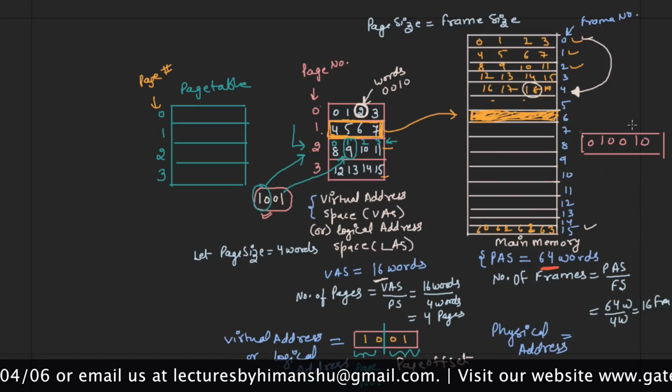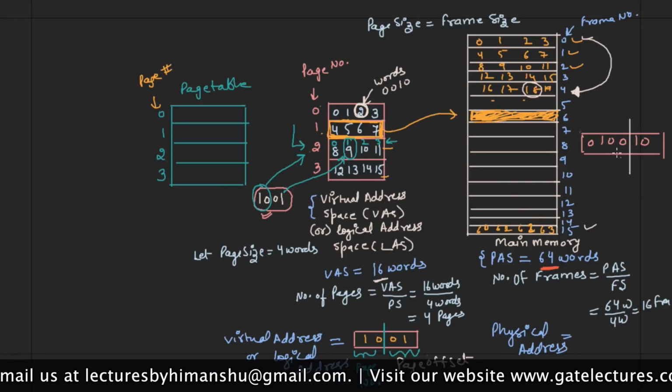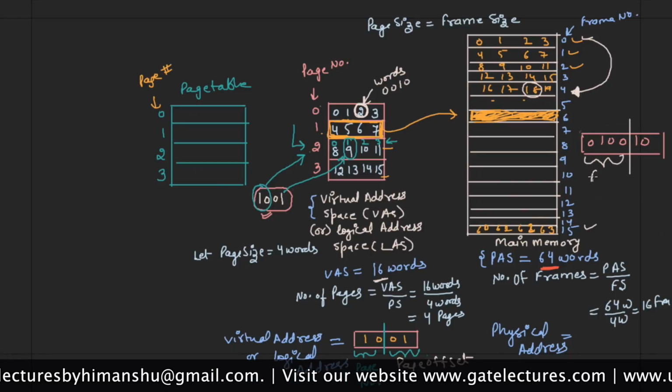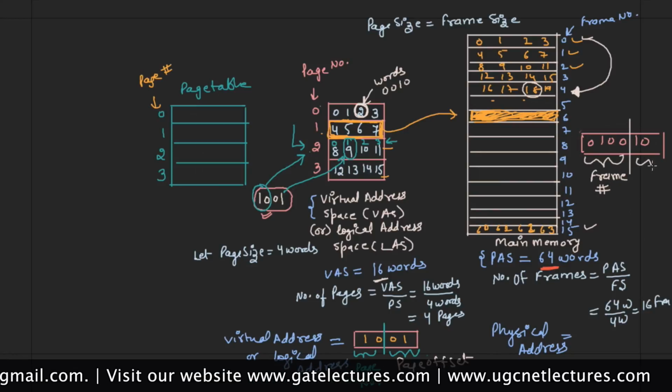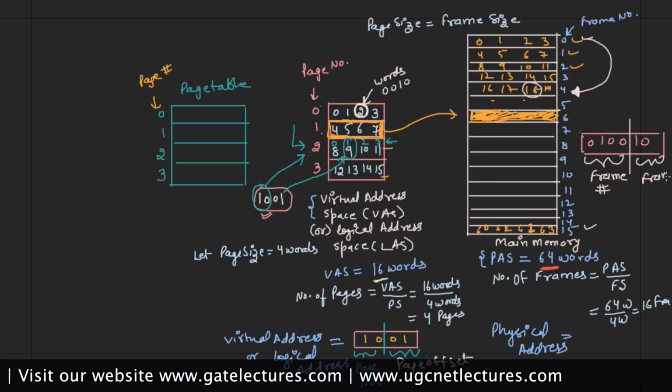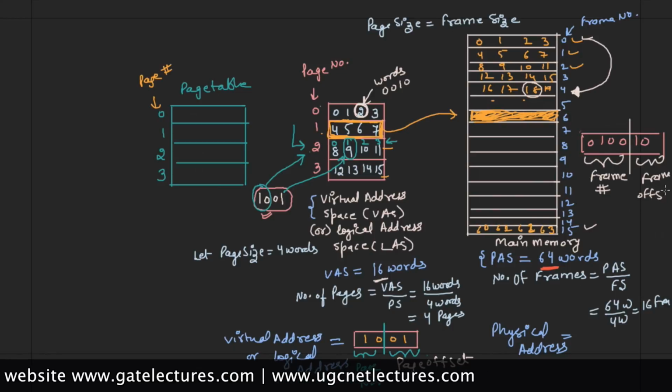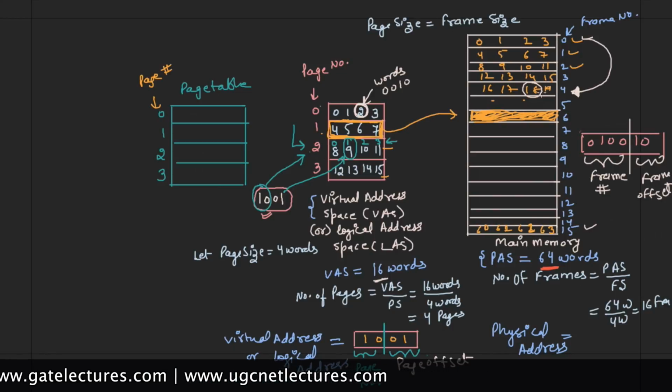So I can also break this complete address into 2 parts. Number 1 is the frame number, and second one is the frame offset, where frame number is saying this particular word is present in which frame. For example, here this frame number is representing a number which is 4.